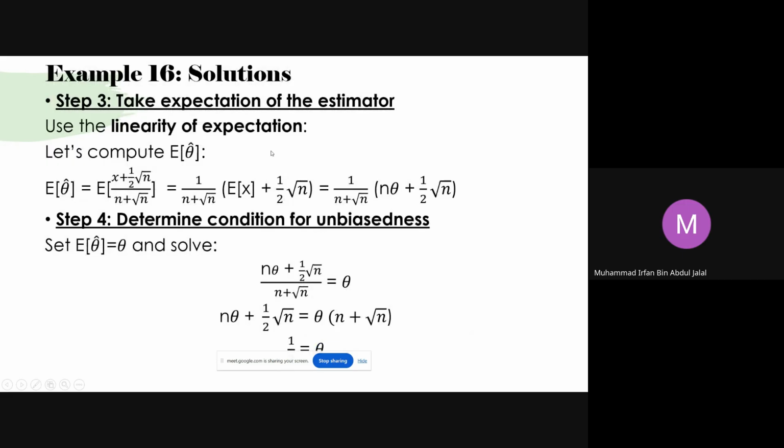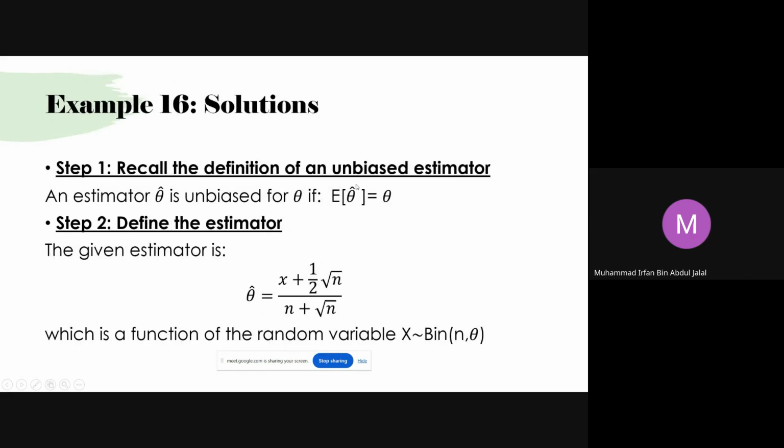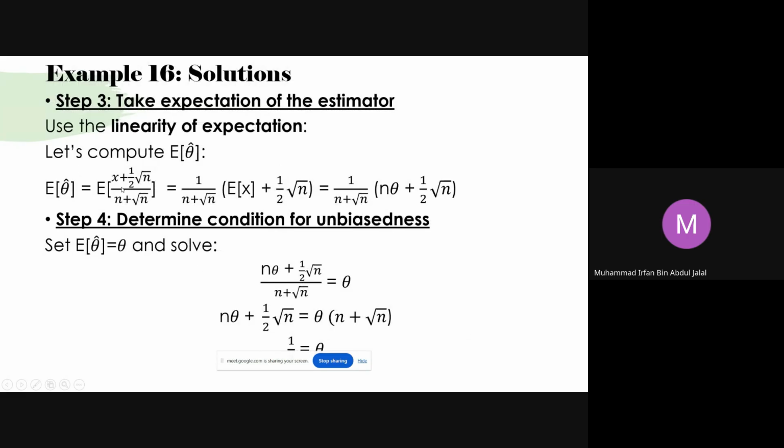So for step 3, using the linearity of expectation, we need to take the expectation of the estimator. We need to compute this part. In this case, the estimator is this quantity here. Using the linear properties of expectation, we can factorize 1 over n plus the square root of n and put it outside, and then E[X] plus half times the square root of n inside.